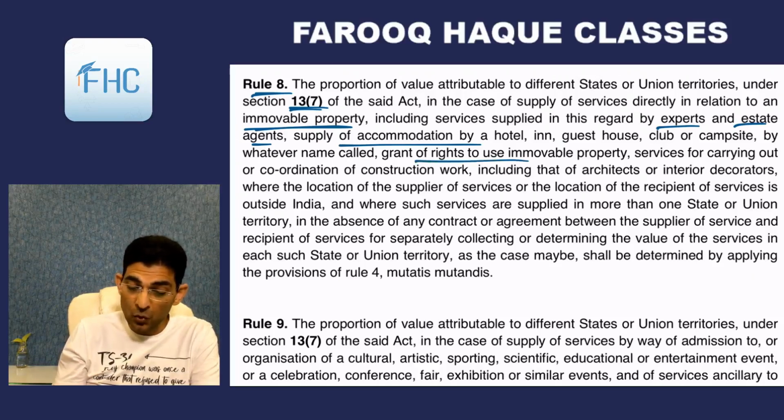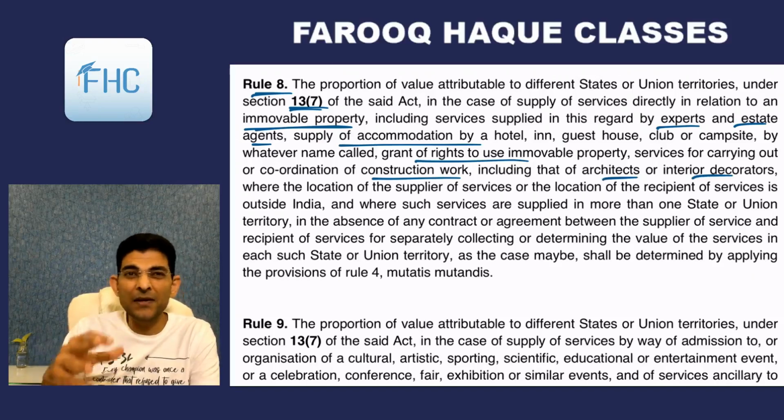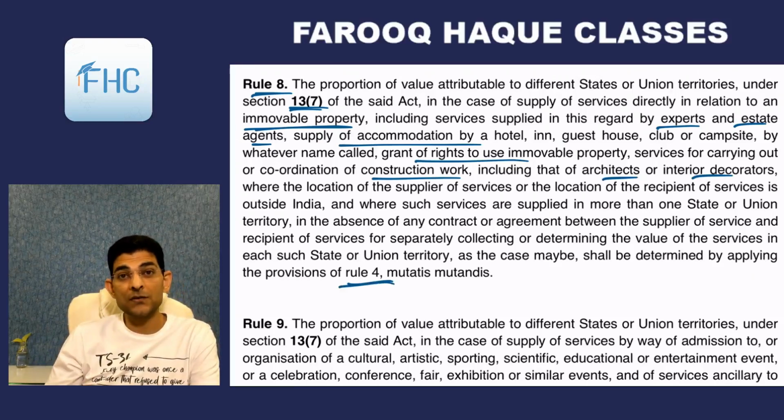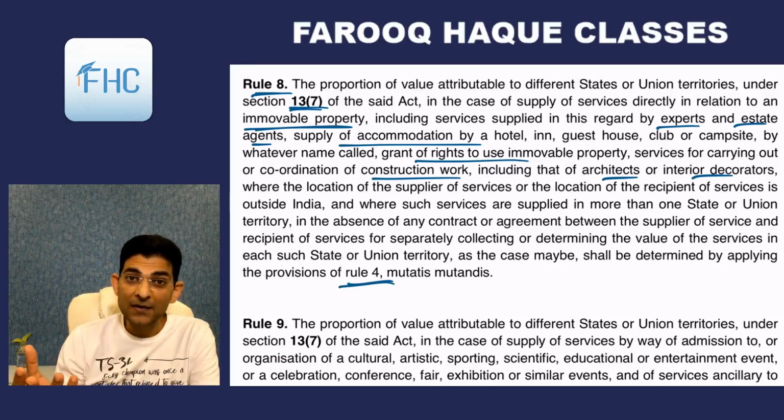Services of carrying out coordination of construction work, including architects and interior decorators, means everything relating to immovable property. So here it says that you follow rule 4 mutatis mutandis. Rule 4 that we saw a few lectures back has to be followed mutatis mutandis in the same manner.